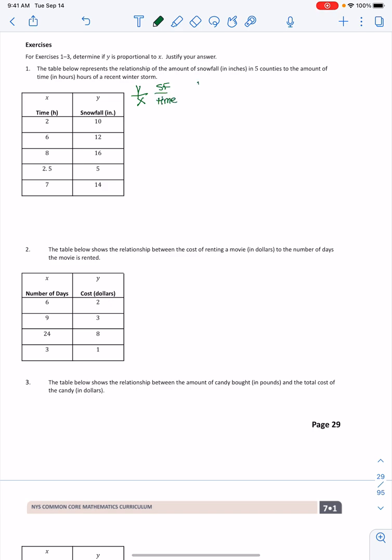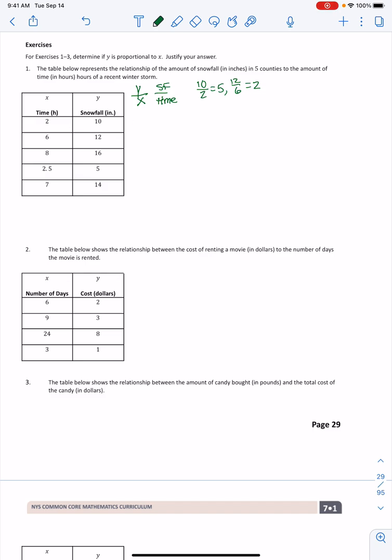So here we have 10 over 2. Well, that simplifies to 5. We have 12 over 6. Well, that simplifies to 2. And there we can stop right there because that does not simplify to the same number. And because that does not simplify to the same number, it is not proportional.